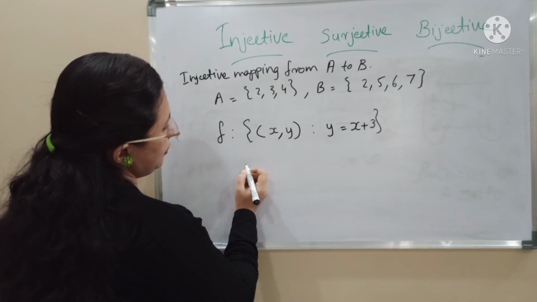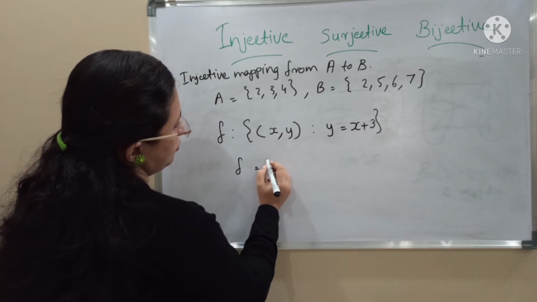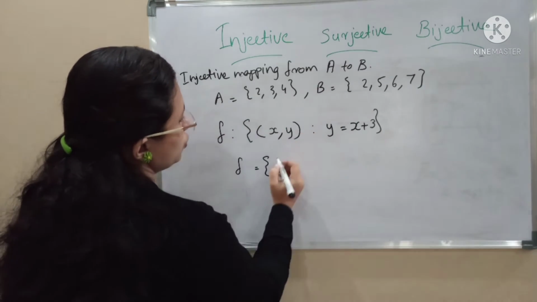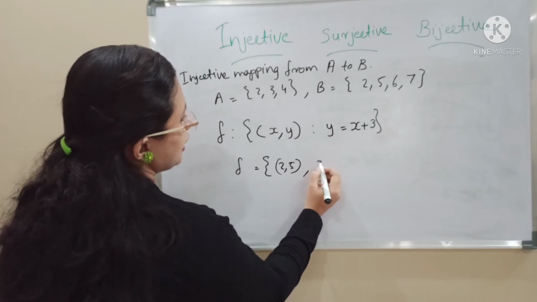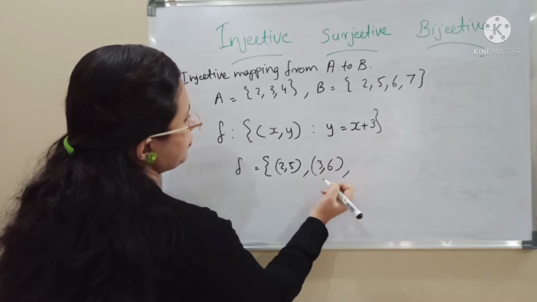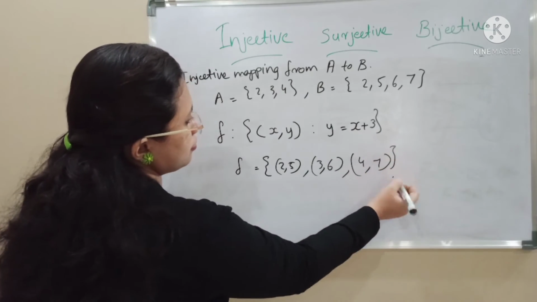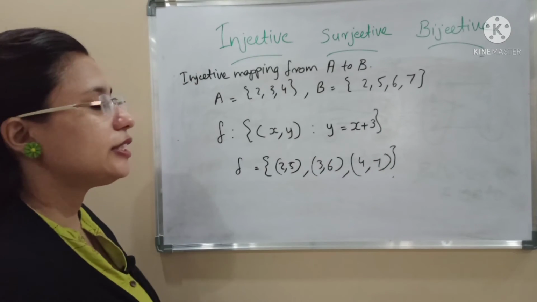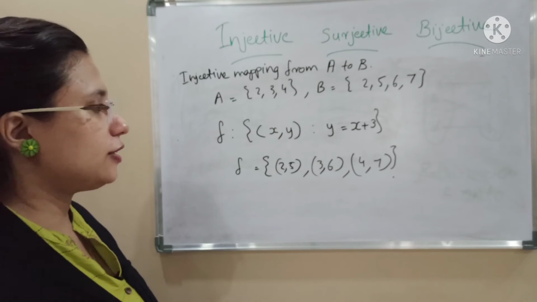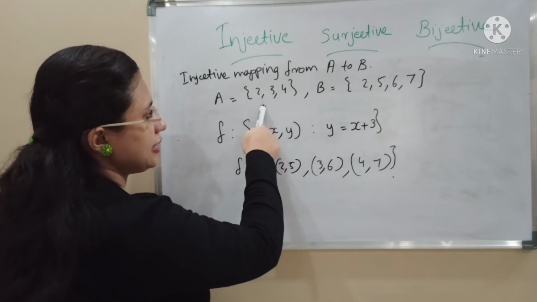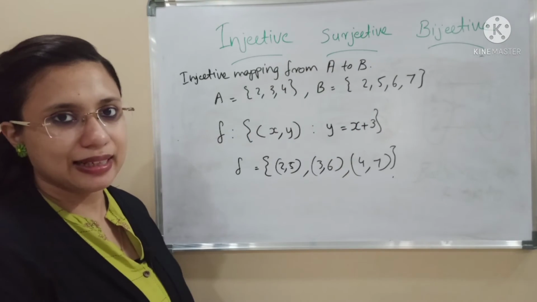So it will be 2 to 5, 3 to 6, 4 to 7. See, so it is an injective mapping, right? All the elements of set A have a unique image in set B. Clear?